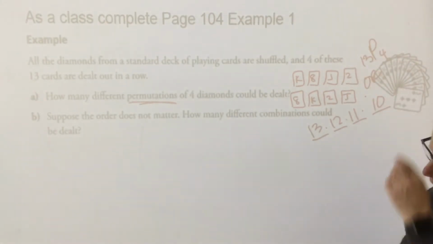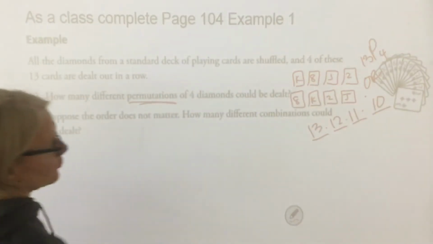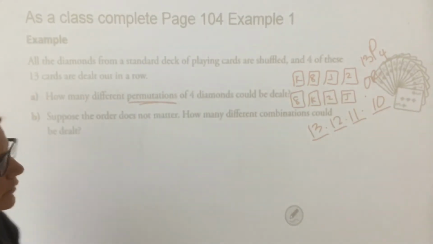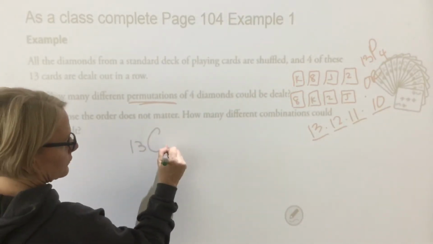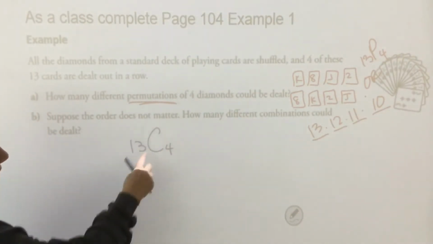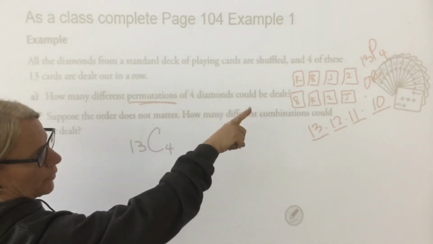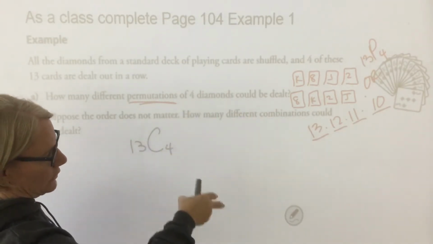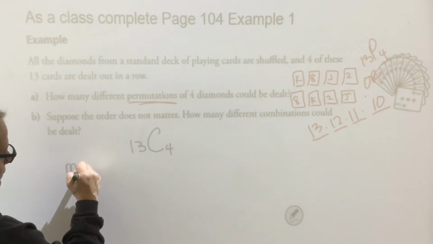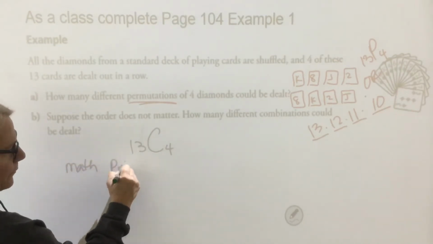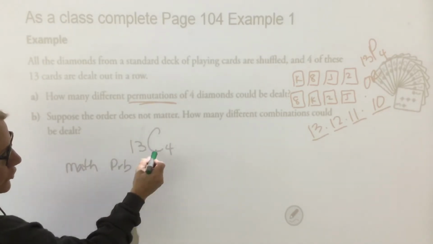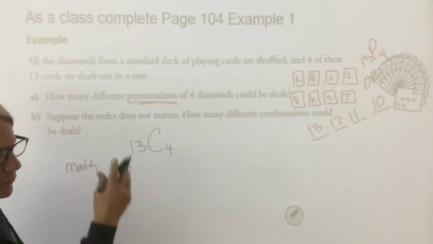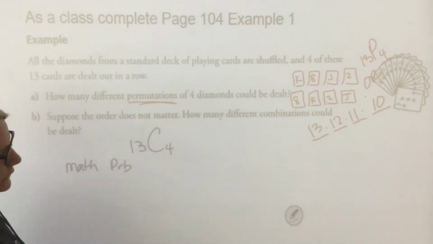But if you're in a combination, now if I'm thinking that these 2 are the same order, I can't count them twice, then you would do a C. This C button is exactly where your permutation button is. It's in that same menu. So if you go to math and then go to the PRB or the prob, you'll get that drop-down menu, you should see the C. It should be right underneath the P and along with the exclamation point.